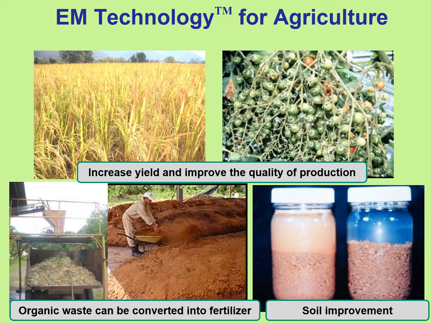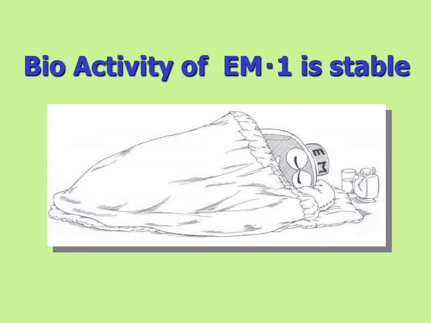EM technology for agriculture. EM increases yield and improves the quality of production. Organic waste can be converted into fertilizer, and EM improves soil. The bioactivity of EM is stable.